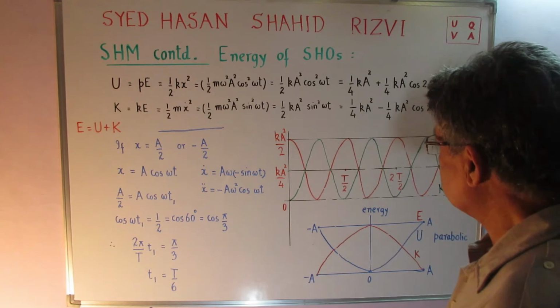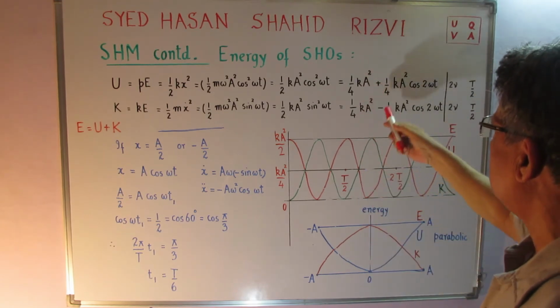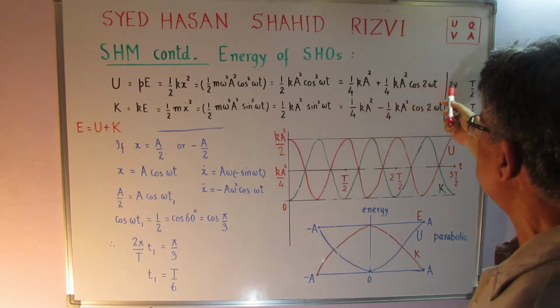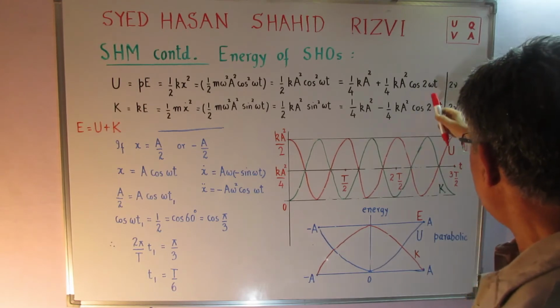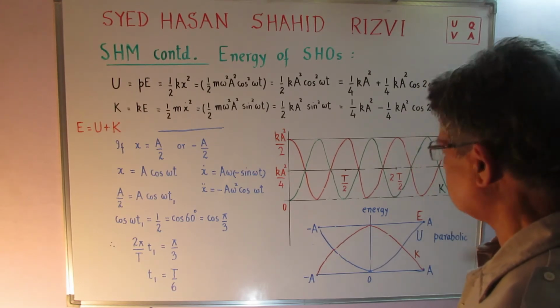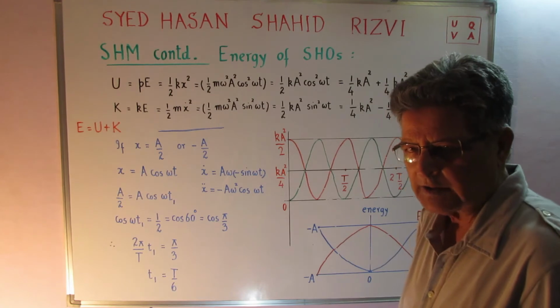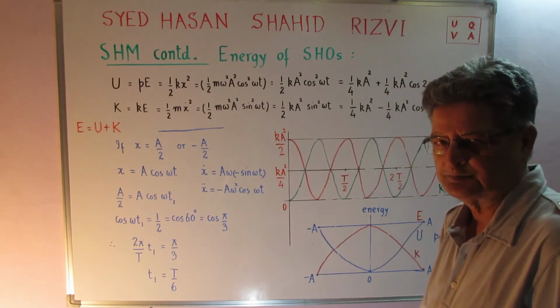And we found that this is equal to 1 upon 4 k a square plus 1 upon 4 k a square cos of 2 omega t. 2 omega means the frequency is doubled to 2 nu and the time period is halved. Okay.